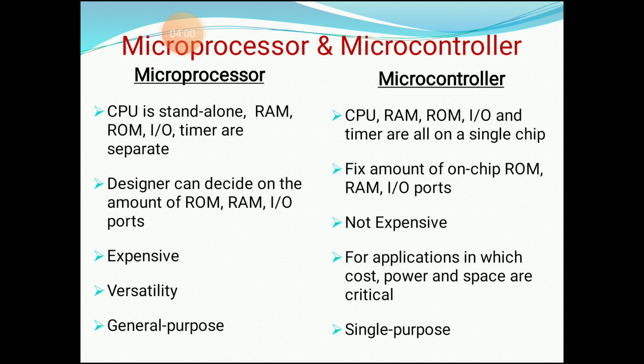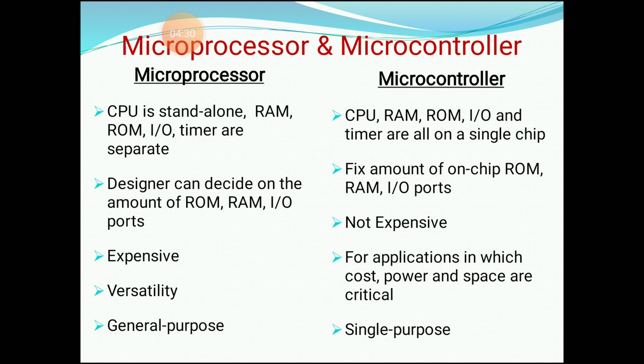In a microprocessor, the CPU is a standalone device. RAM, ROM, I/O and timers are separate. In a microcontroller, CPU, RAM, ROM, I/O devices, and timers are all integrated on a single chip. In a microprocessor, the designer can decide on the amount of RAM, ROM, and I/O ports. In a microcontroller, a fixed amount of on-chip memory and I/O ports are available.